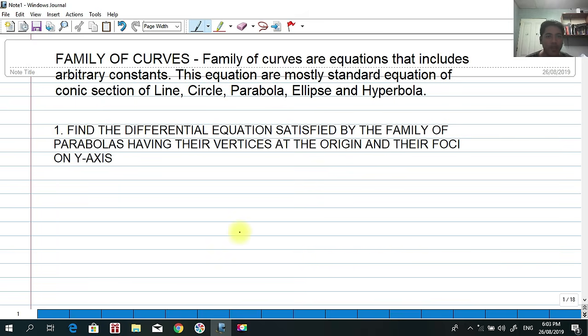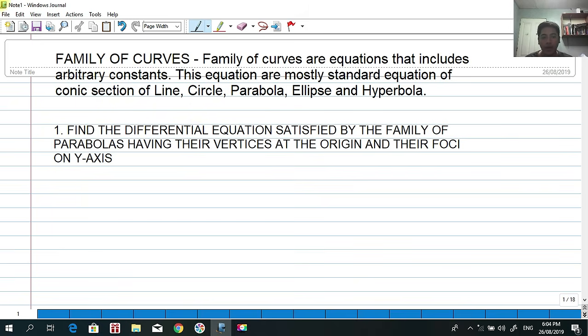What is a family of curves? Family of curves are equations that include arbitrary constants. In our last video, we had the topic of elimination of the arbitrary constants, and these equations are mostly standard equations of conic sections, such as the line, the circle, parabola, ellipse, and hyperbola.